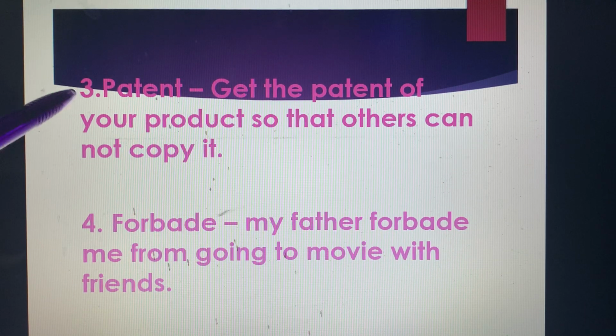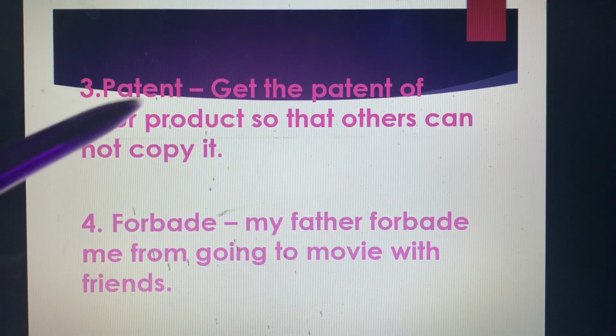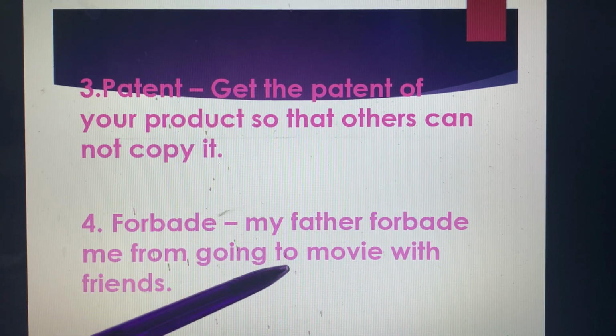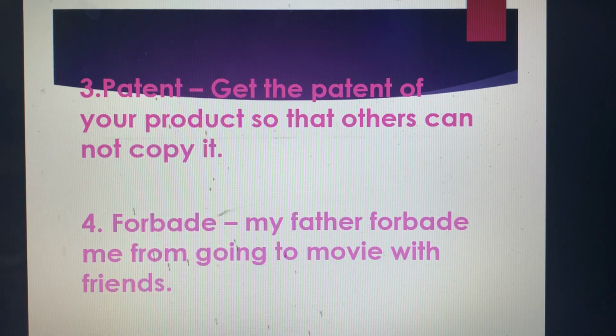Get the patent of your product so that others cannot copy it. If you do not have the patent right, then other people will copy it and sell the same product. Forbid means to prohibit. My father forbade me from going to a movie with friends.